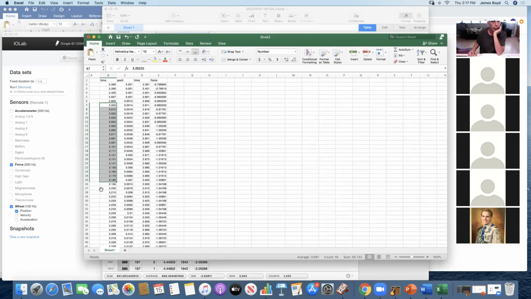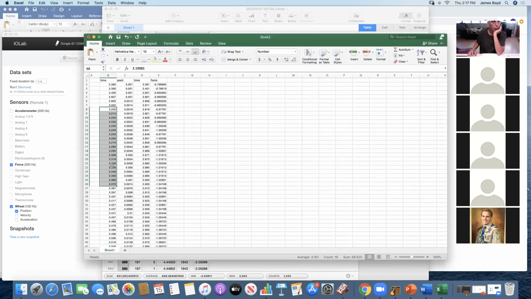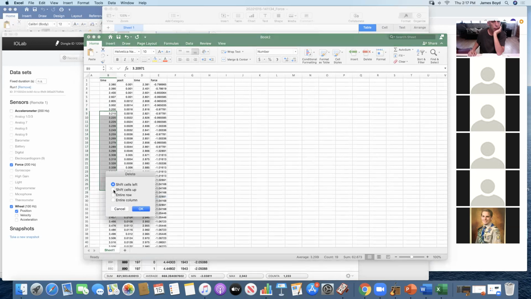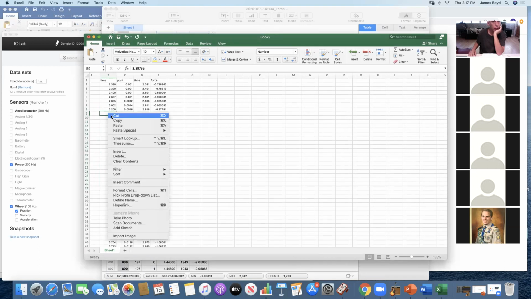And you can see that eventually 0 to 3.2, 3.2 to 3.4. I delete that one too.